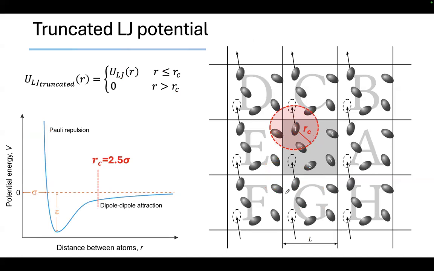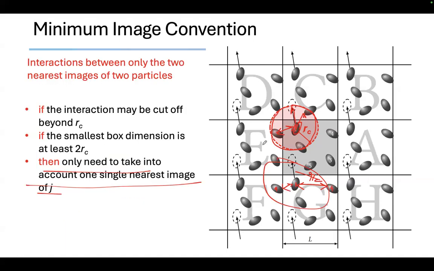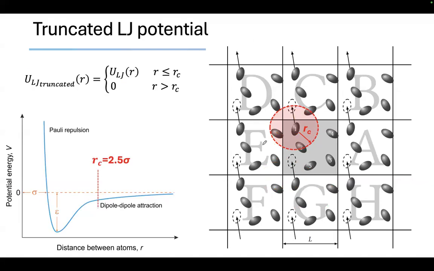But now, as I said, the truncation, or choosing a cutoff RC, is a very nice way of restricting your number of interactions and choosing a particular set of interactions. But what also ends up happening is that truncation leads to neglect of these interactions here.